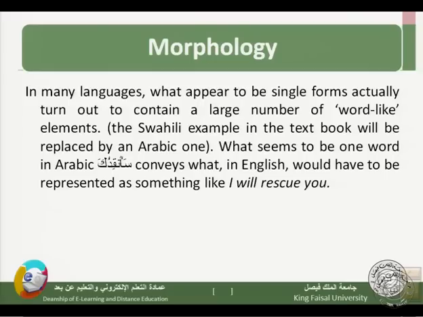In many languages, what appear to be single forms actually turn out to contain a large number of word-like elements. In this case, I changed the example in your textbook, which talks about the Swahili language. I have changed this example to an Arabic one to make it closer to your minds.